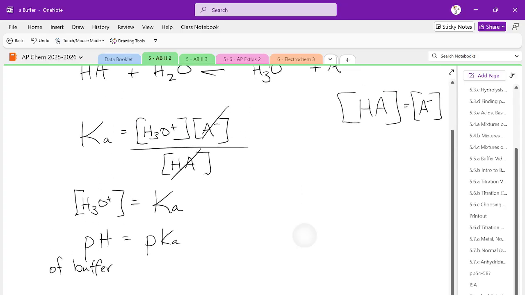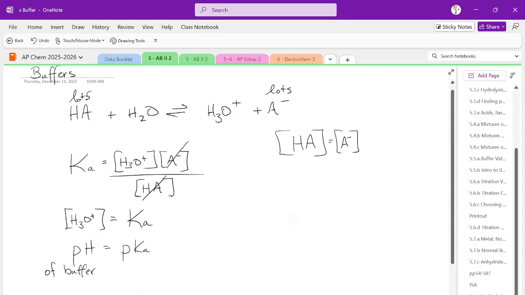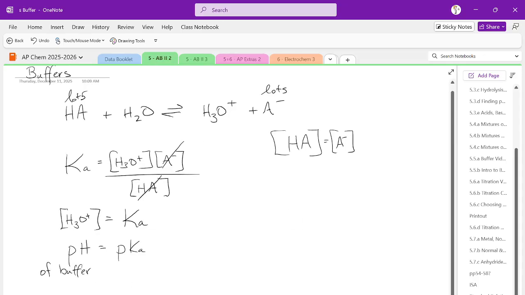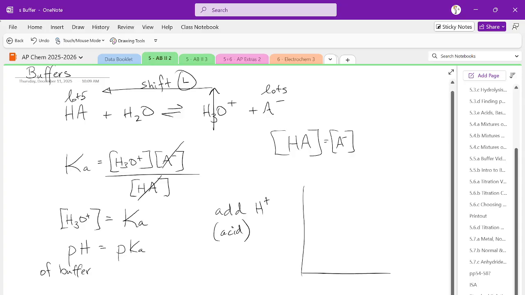And then as you add hydrogen acid, the equilibrium is going to shift left. We add some hydrogen.